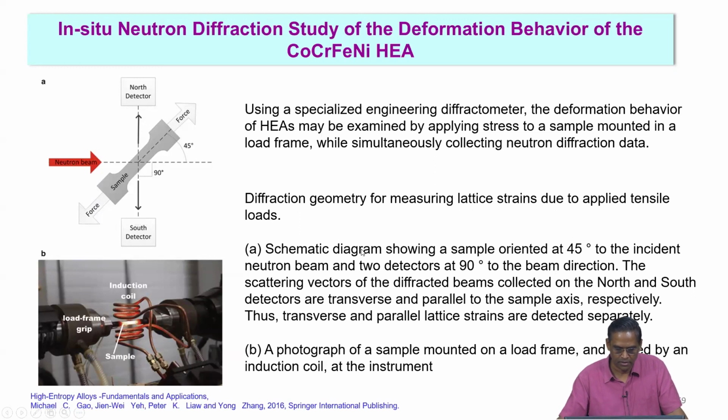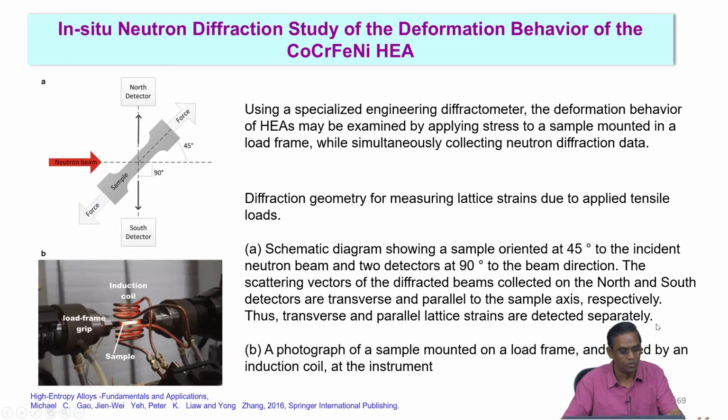The schematic diagram shows a sample oriented at 45 degrees to the incident neutron beam and two detectors at 90 degrees to the beam direction. The scattering vectors of the diffracted beam collected on the north and south detectors are transverse and parallel to the sample axis. This is important: thus, the transverse and the parallel lattice strains are detected separately.